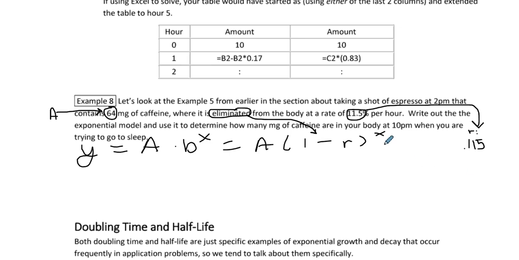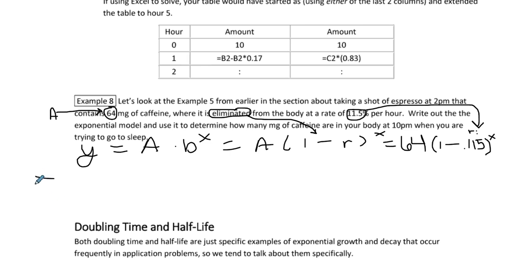So let's just continue. Let's write this out. This is still all equal to y. The initial value, A, is our 64 times the quantity of 1, and then minus, because it's being eliminated, r in decimal form, 0.115, raised to the x power.